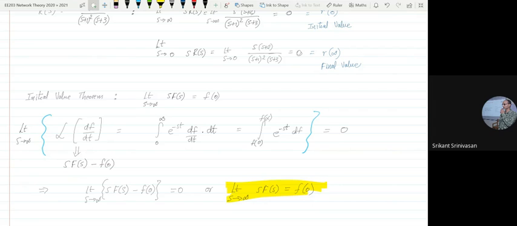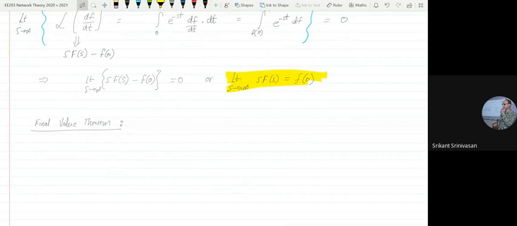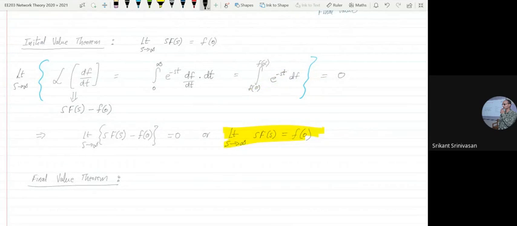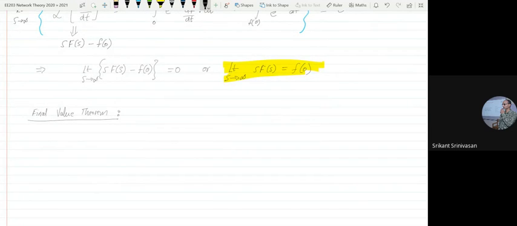And similarly, you can do the final value theorem. All you have to do is set limit as s tends to 0 over here. Okay. So again, we'll do the same story.